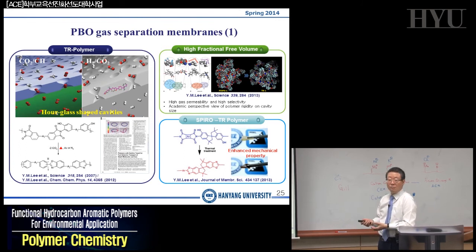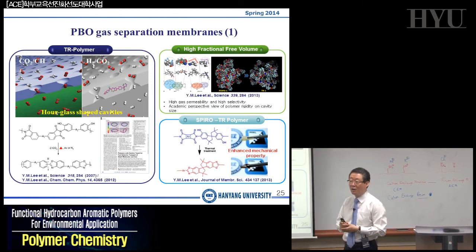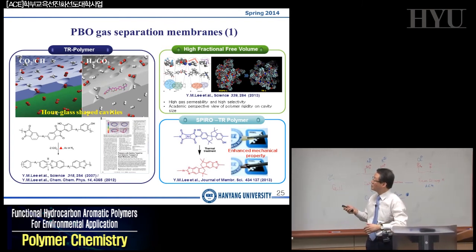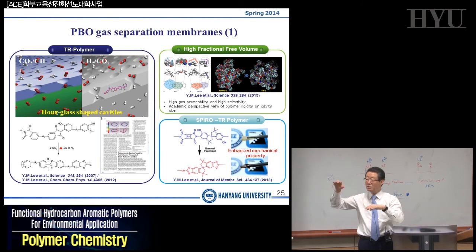And very recently, I mean in this month, May, we hired a Chinese postdoc who can make structures very similar to this, containing this structure and a polyimide structure, and we were successful in getting what they call a Tröger's base polymer containing bicyclic rings with imide structure.